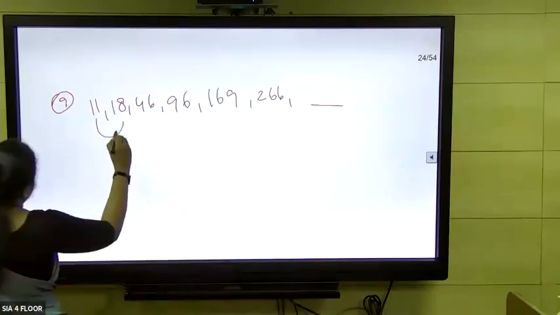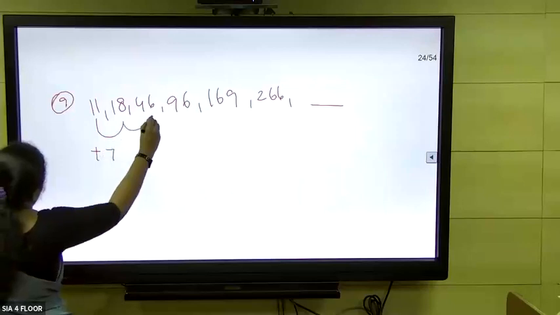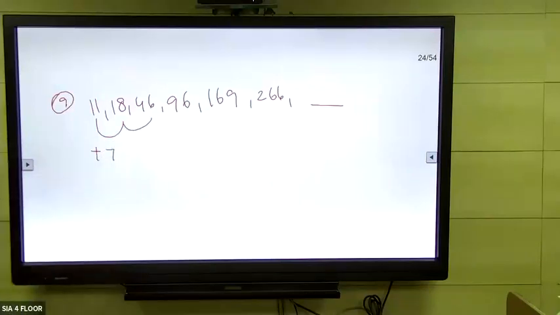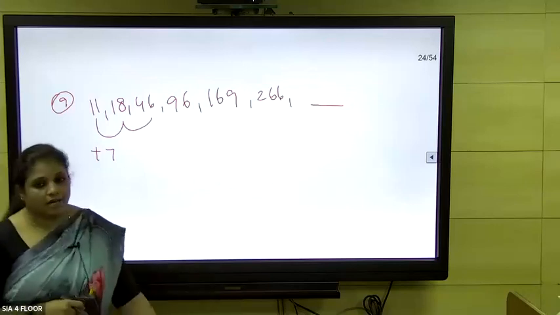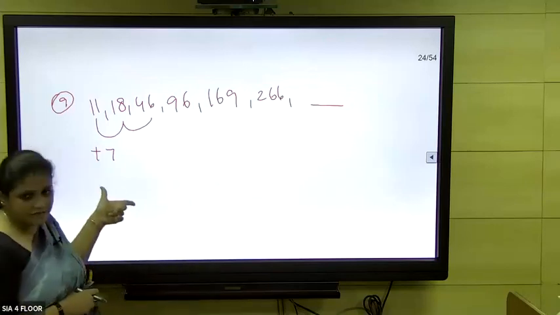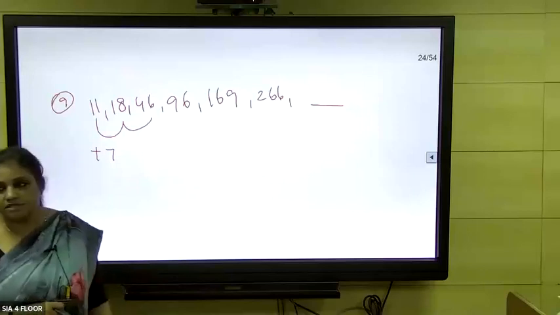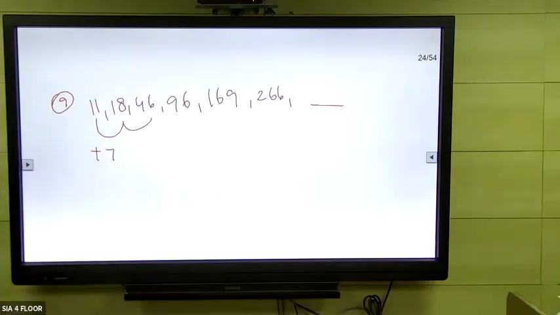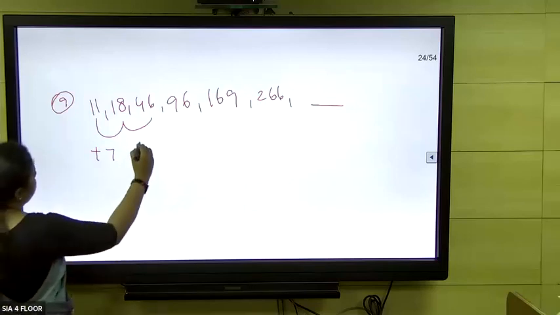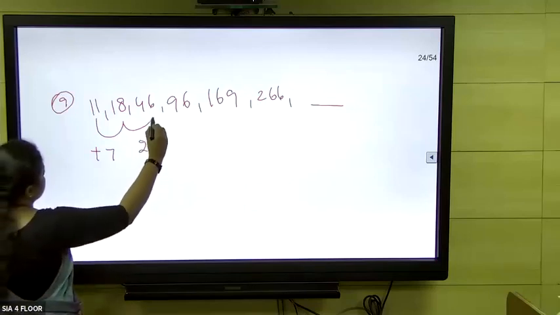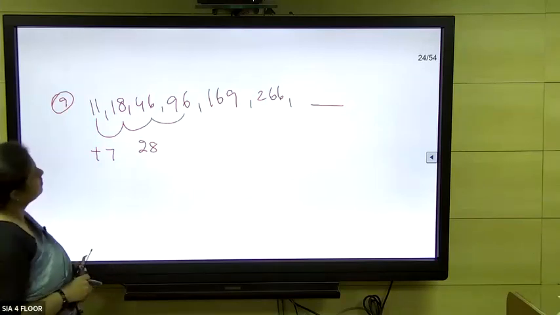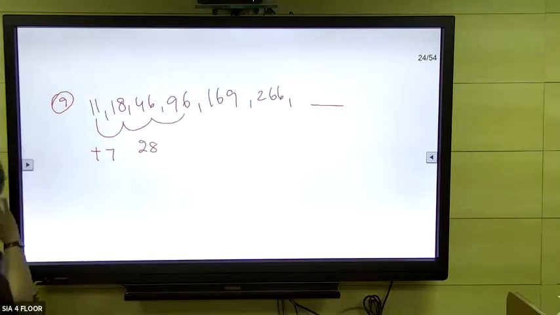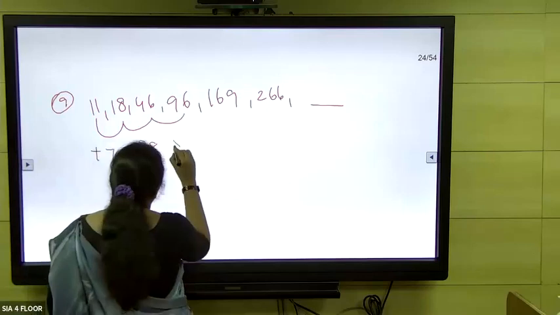Okay, so the difference makes 7, and here the difference makes. Just take the difference like that and let me know the sequence. First 7 is coming, and then you tell me the numbers which are going to be in the sequence. 28 here, right?